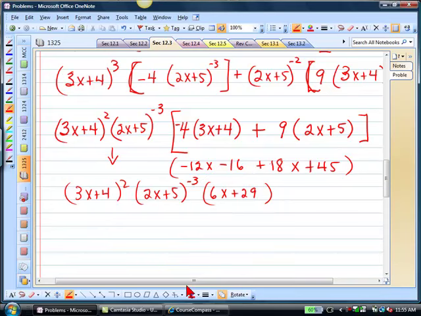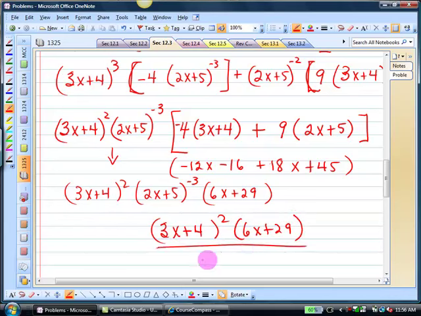So what would happen to that 2x plus 5 to the negative 3? Where does he go? Bottom. So your final would look like this: 3x plus 4 squared times 6x plus 29 over 2x plus 5 cubed.